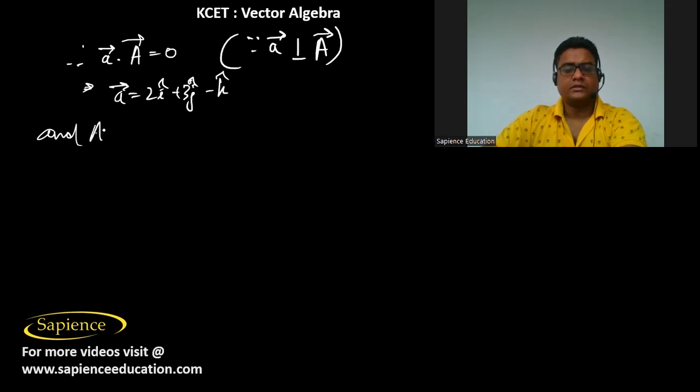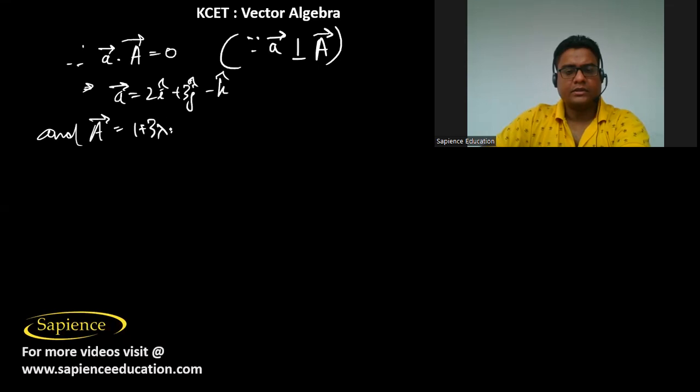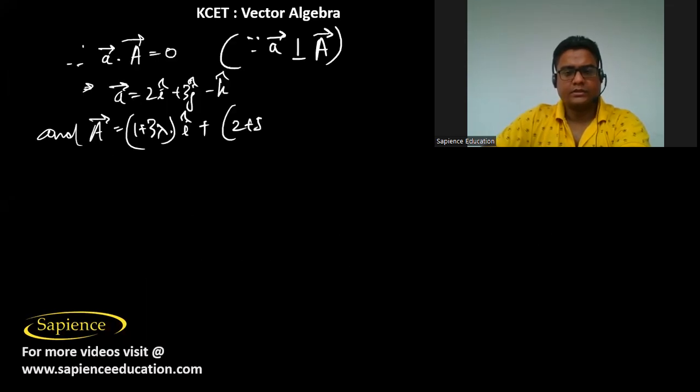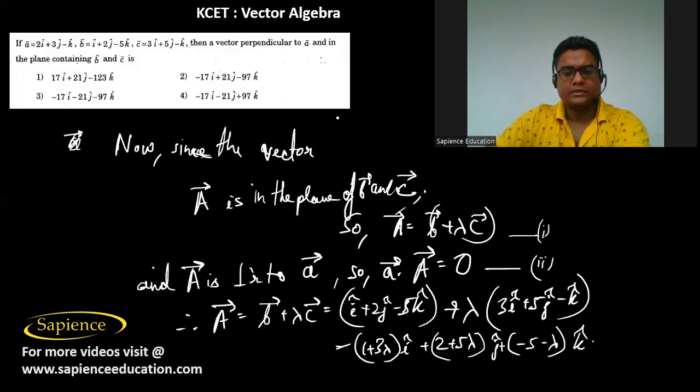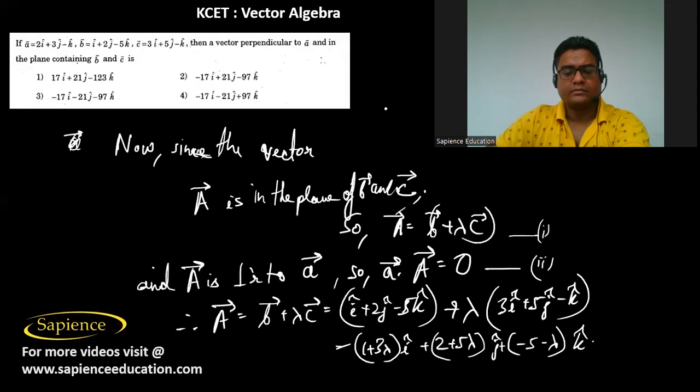And vector A' is 1 plus 3 lambda I cap plus 2 plus 5 lambda j cap plus minus 5 minus lambda k cap.